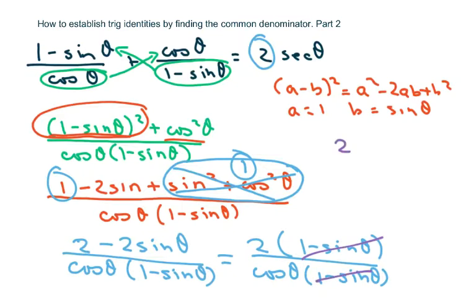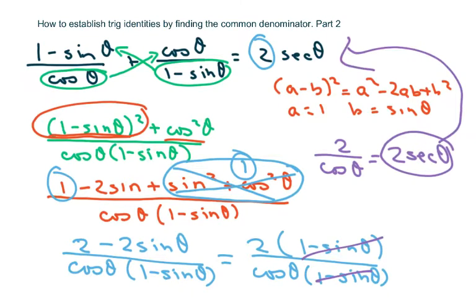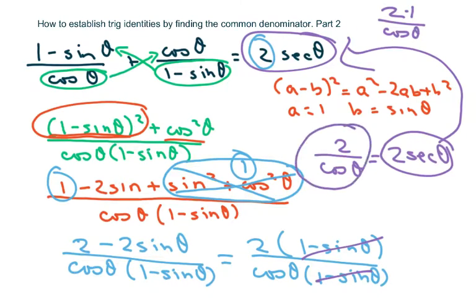So we get 2 over cosine of theta, which we know this 1 over cosine is secant. So that's going to be 2 secant of theta, which is our desired result. Or you could have taken this one and written this as 2 times 1 over cosine of theta, which would have given you this one.